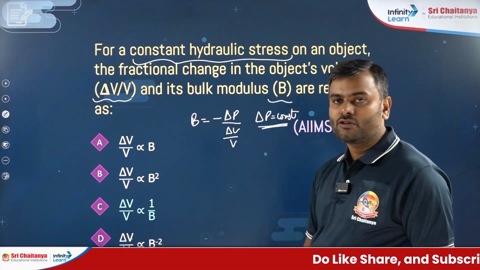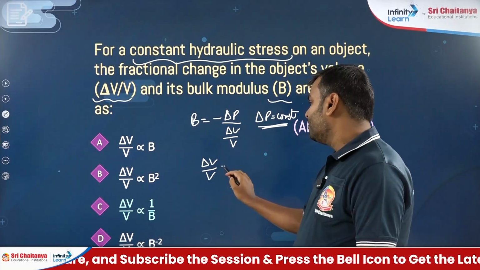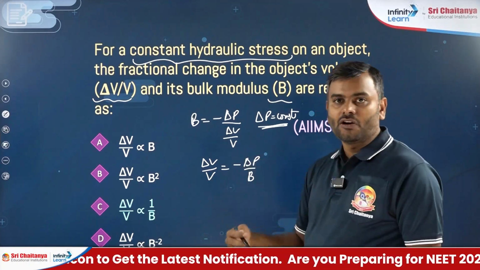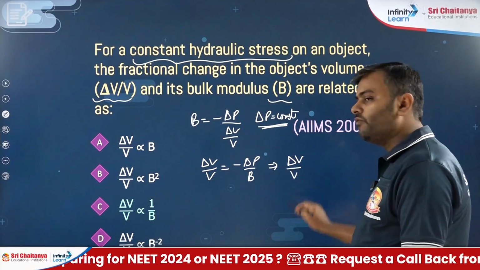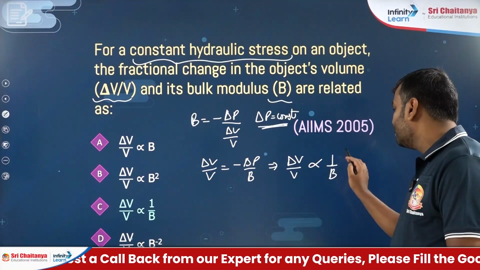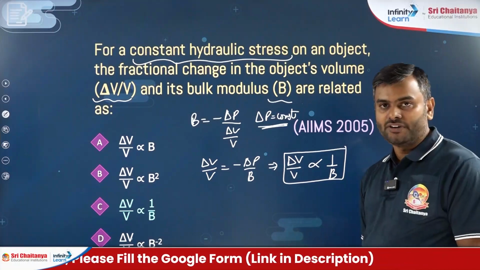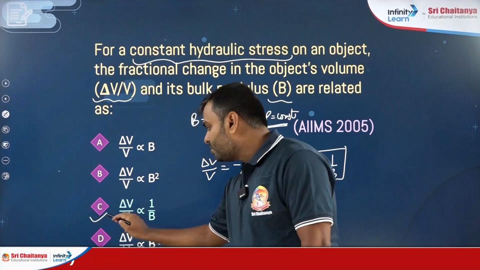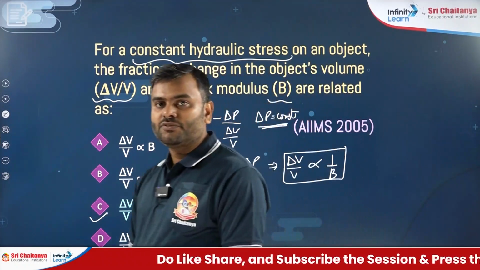If we cross multiply this, we get delta V by V equal to minus delta P by B. If we take this delta P constant, then proportionality can be written as delta V by V proportional to 1 by B. I hope you have understood that. Okay, so if we see all the options, the correct option is option C. That is the correct option we have. Okay, so let's move to the next question.